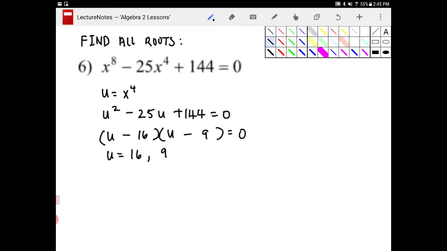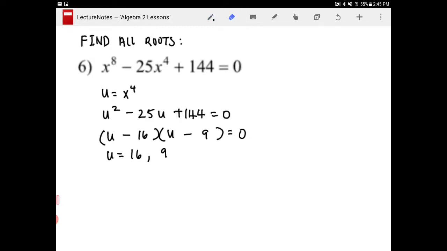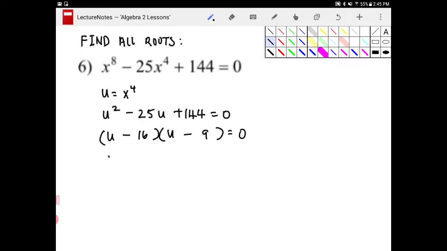But wait a minute. We're not solving for u, we're solving for x. Isn't that right? So if we're solving for x, I'm going to try to factor this entire thing out. This whole thing then becomes x to the 4th minus 16 and x to the 4th minus 9.